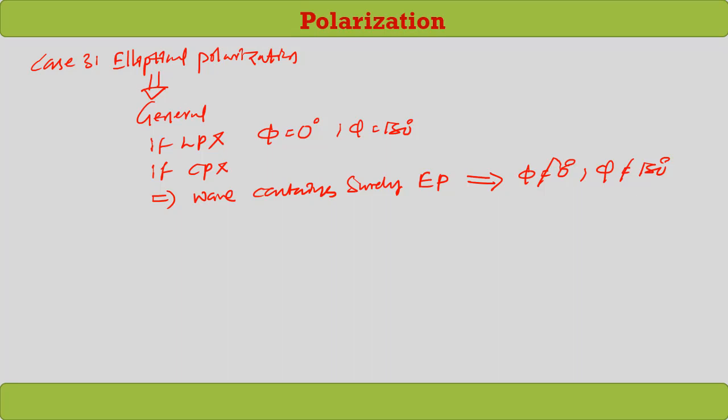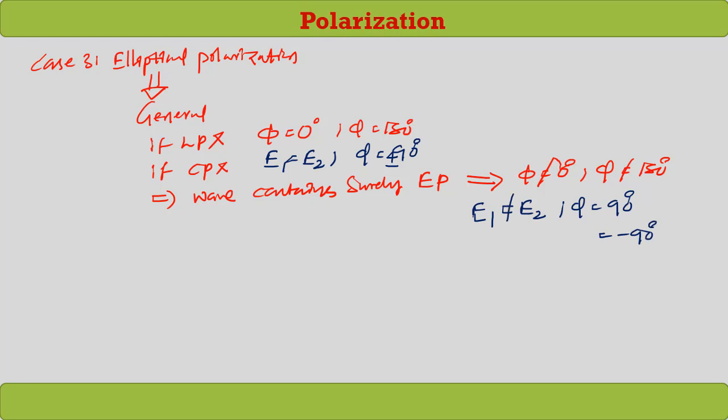And in case of CP, we have conditions like this: E1 is equal to E2 and phi is equal to plus 90 or minus 90. So you should not take E1 is equal to E2, and at the same time, you should not take phi is equal to 90 or minus 90.